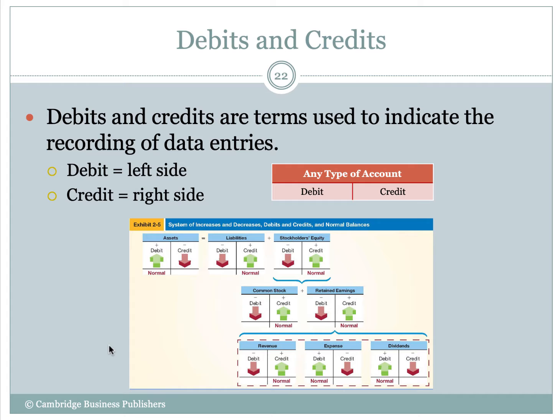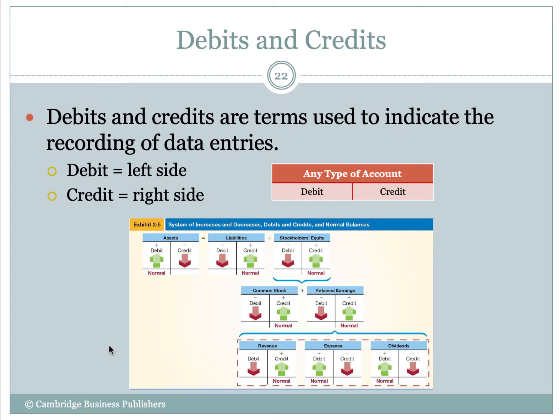Then we get into common stock. How does common stock behave? Well, if you notice, common stock behaves identical to stockholders' equity, right? Meaning, it increases with the credit, decreases with the debit. Credit is the normal balance side, okay?